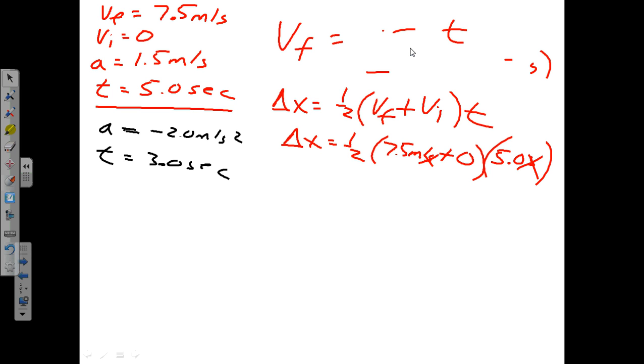So if we do the math on this, 7.5 times 5 times 1/2, 18.8. And I'm going to go ahead and write that right up here. So delta x equals 18.8.